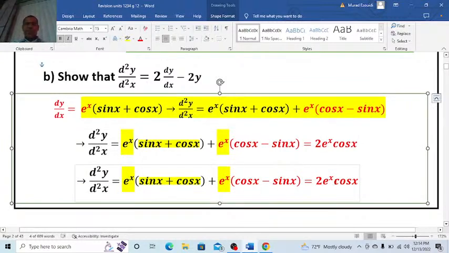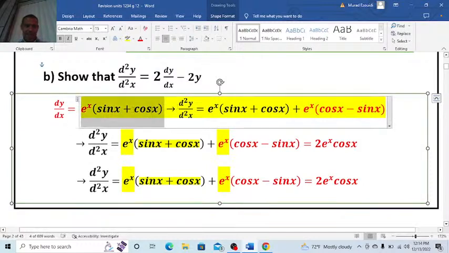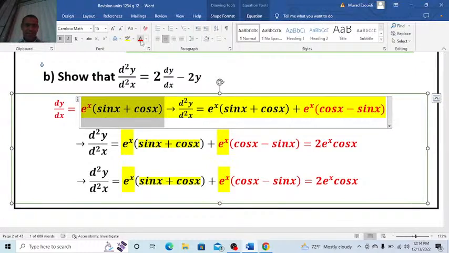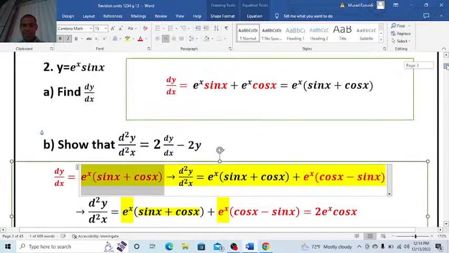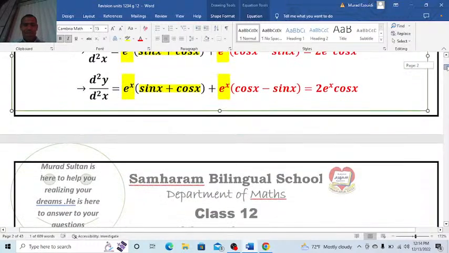This is 2 exponential cosine of x. Therefore, I should have 2 times dy with respect to x, which is that, and then minus 2y. And the function y is equal to exponential sine of x.